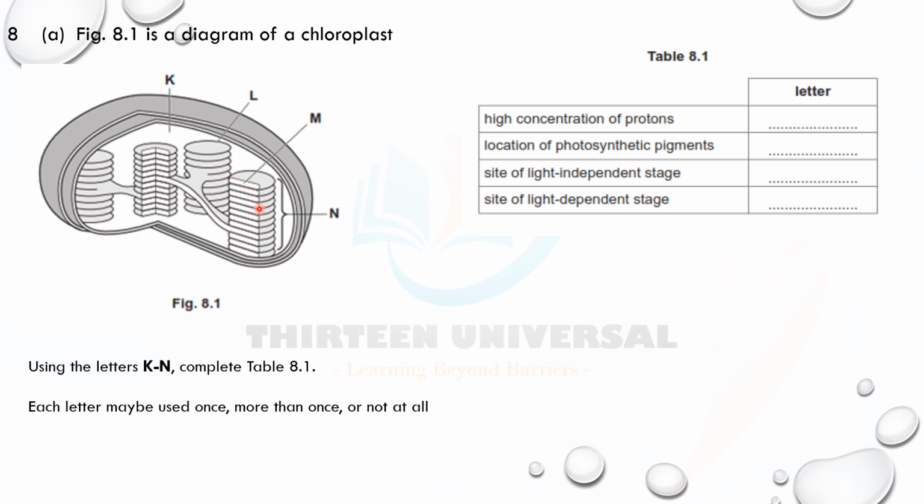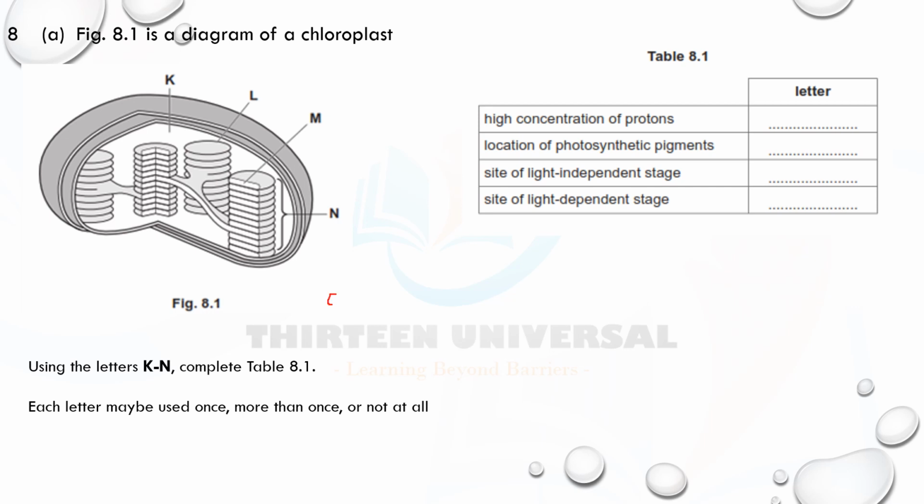Remember that during photophosphorylation, when electrons undergo excitation and emission, the electrons enter the electron transport chain. When they enter the electron transport chain, they move from one carrier to another.